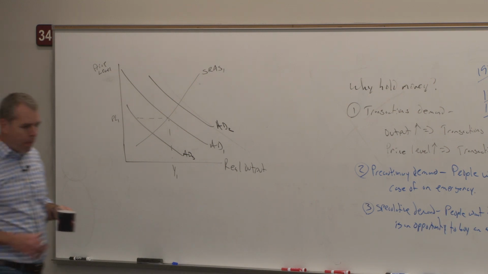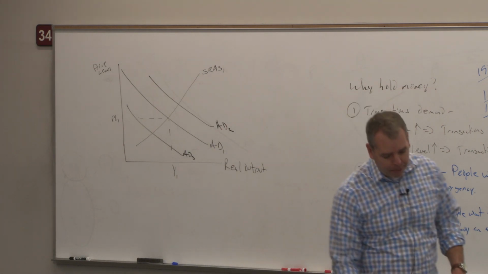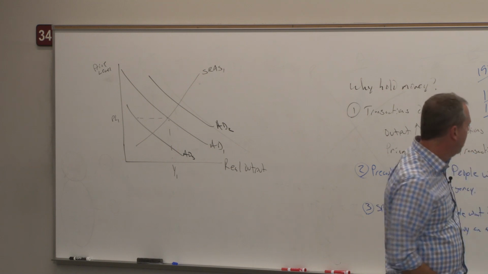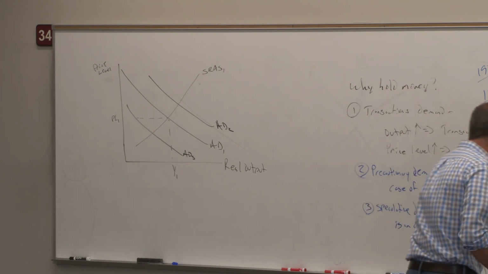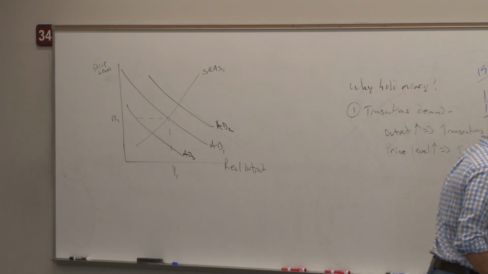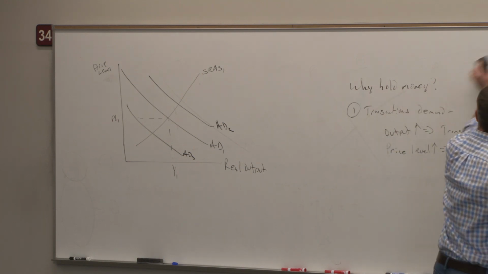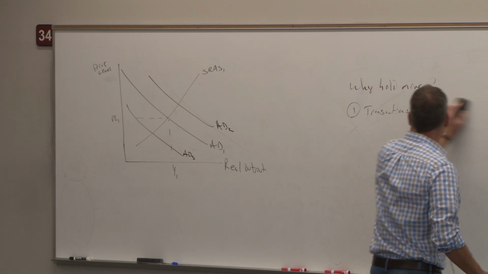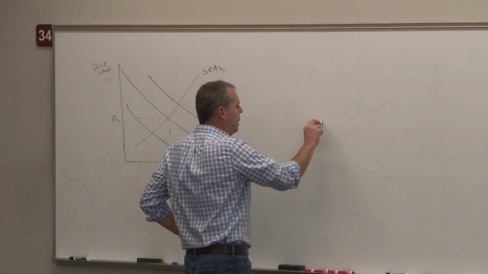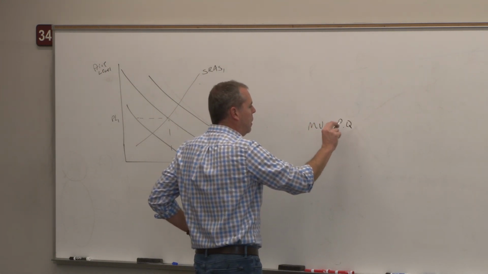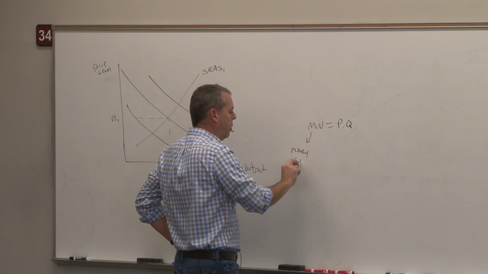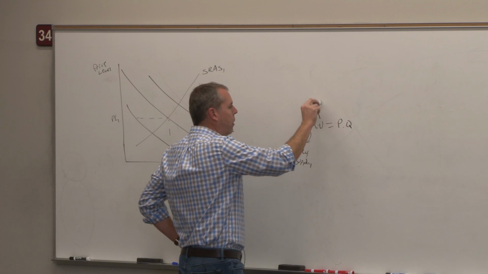So let's see how the Fed does this, right? And let's remember our quantity theory of money that we've talked about previously. Right, remember this was our money supply, and we've talked about this before. This was our velocity.